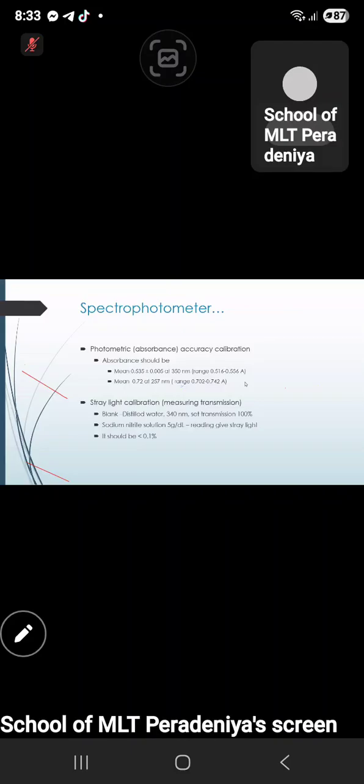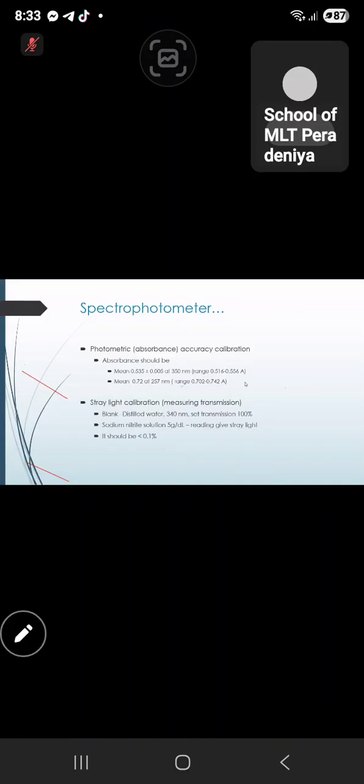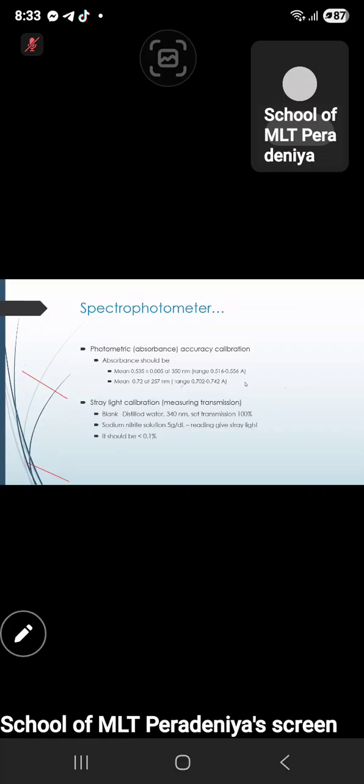There is a range given here. If the reading is within that range, we can make a judgment on how accurate our absorbance is. If it is very close to this range, that means our spectrophotometer is okay. Otherwise, we have to do the adjustment. We can't do it manually; professionally trained persons have to do that.